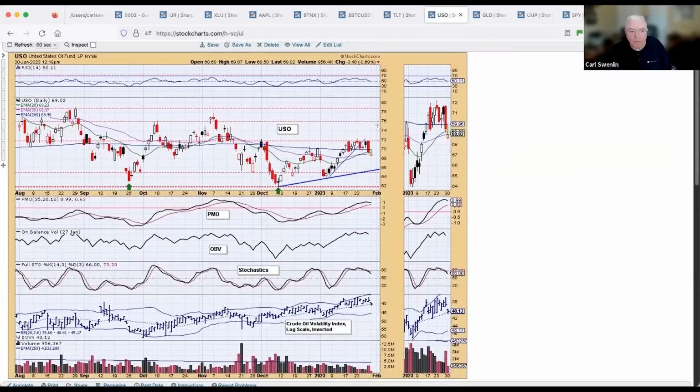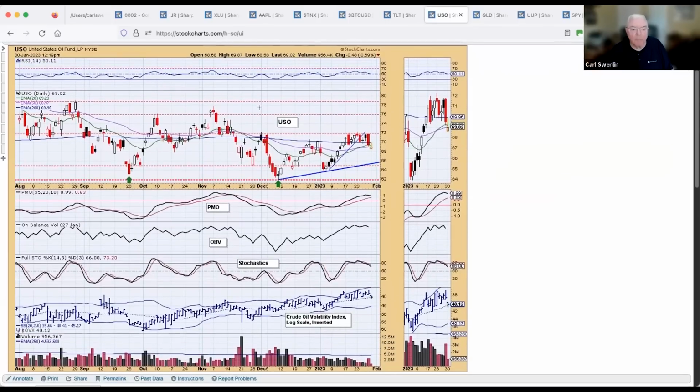Crude oil, expressed by the ETF USO, had a nice advance here, a flag formation, which should have resolved upward, but it didn't. It resolved downward and is continuing down.